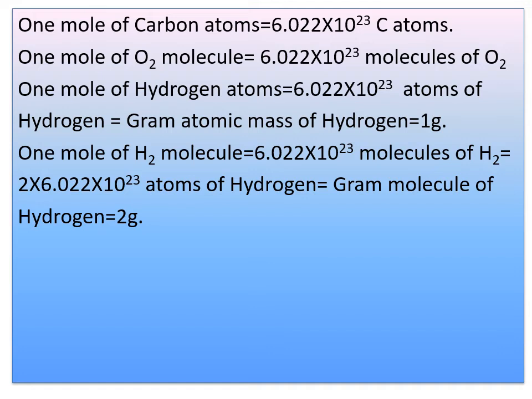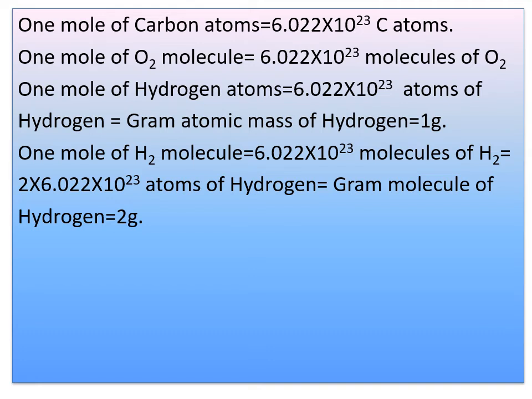Just listen here. As a dozen is used for any 12 articles, similarly, 1 mole of particles in general means Avogadro number of particles. Remember this. If you go with 1 mole of electron, it means Avogadro number of electrons.